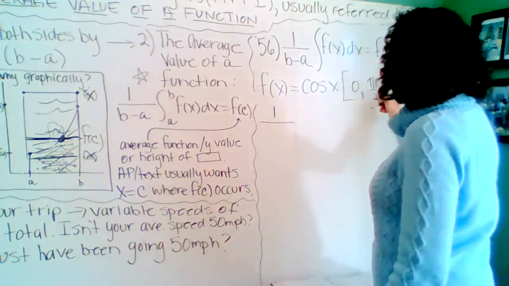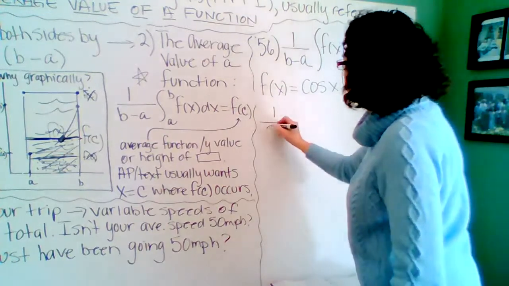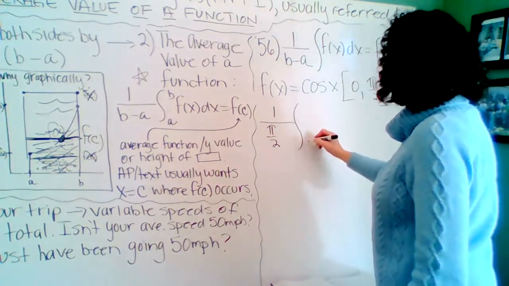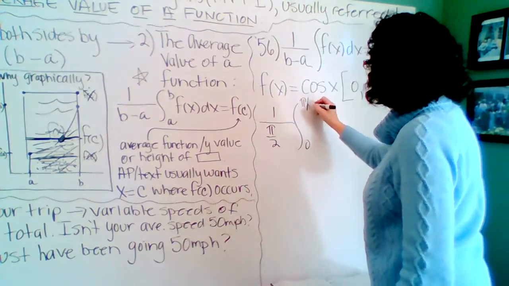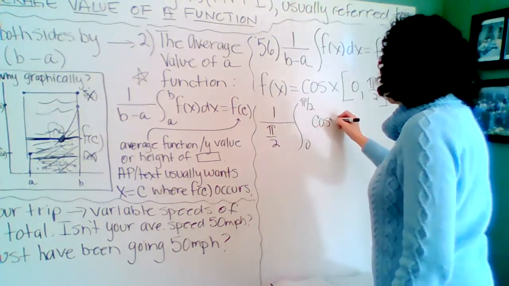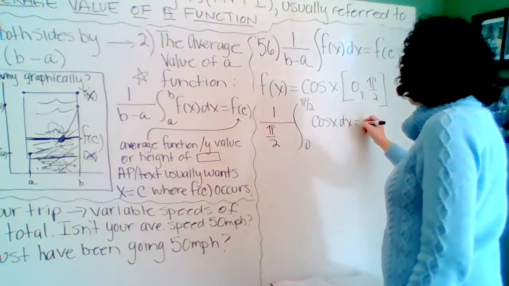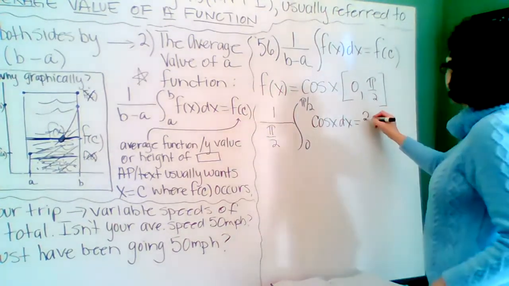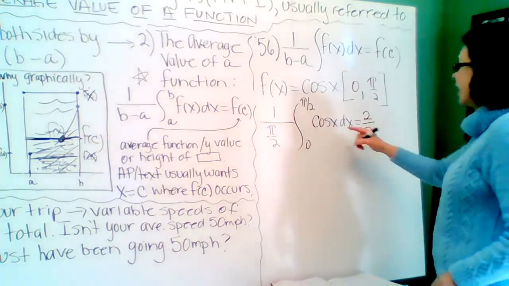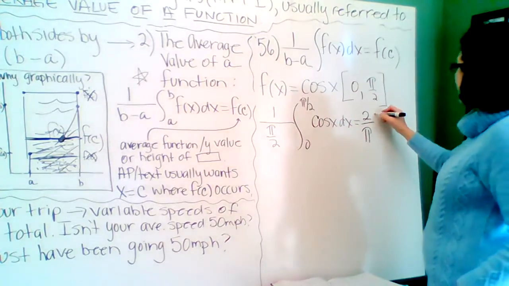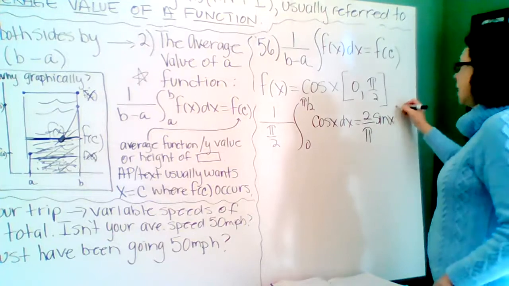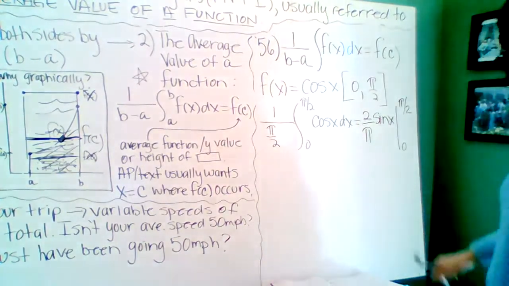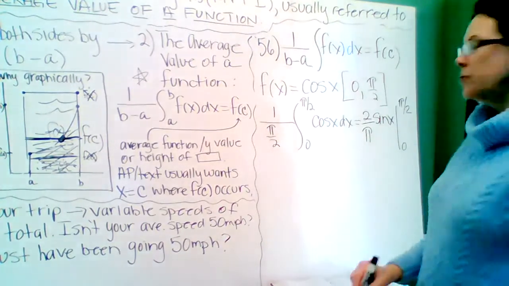So 1 over b minus a is 1 over pi over 2, for the integral from 0 to pi over 2 of cosine of x dx. That is equal to, I'm going to take the reciprocal, 2 over pi. That happens a lot. The integral of cosine is sine from 0 to pi over 2, because if I take the derivative of sine, I get cosine.